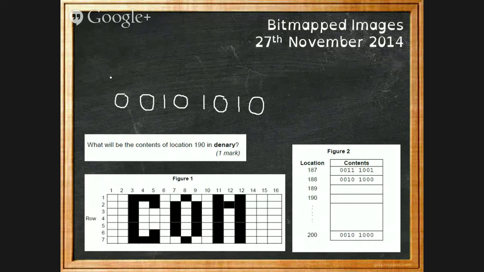So we're going to have to convert from binary to denary. Okay, give it a go. Use your pens. Is this the right binary value? Yes, this is correct. So we've now got our location 189. We've turned it into binary. Now we want to know what it is in denary. So don't forget to put your table in.